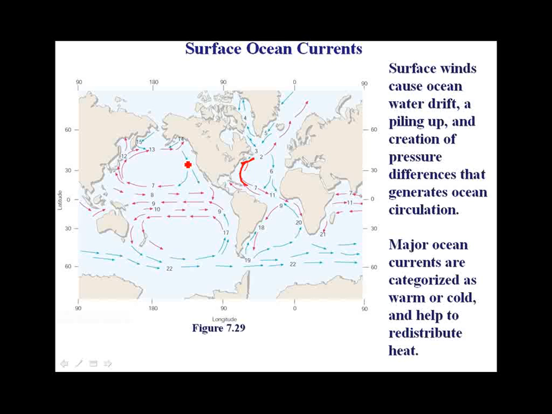What type of pressure system in the atmosphere has winds that are clockwise? Well, high pressure. So if I were to draw on a high pressure system, the winds in the atmosphere around high pressure are clockwise.